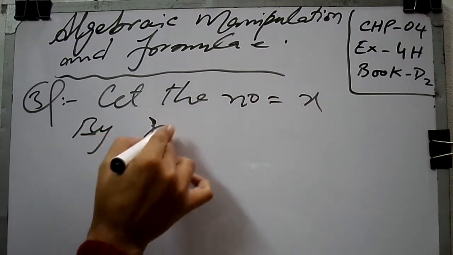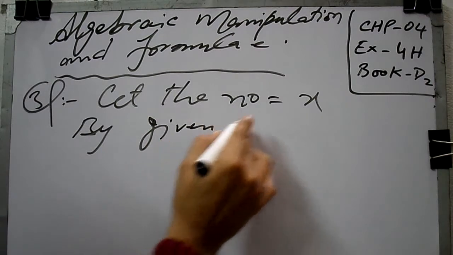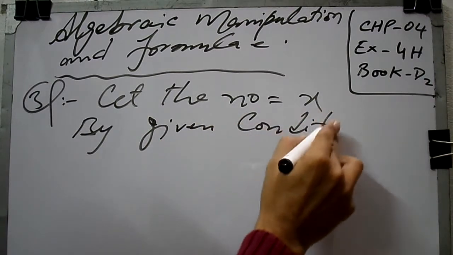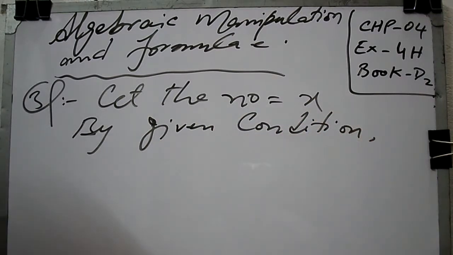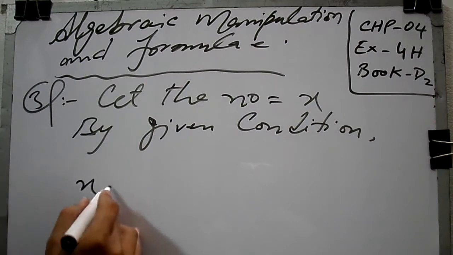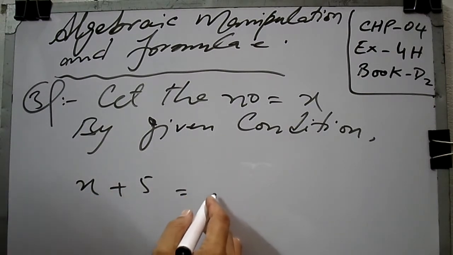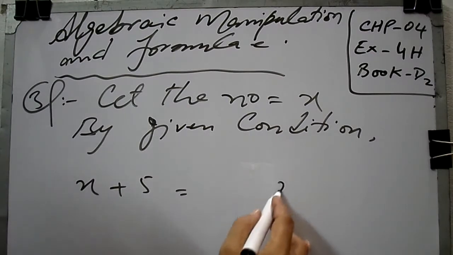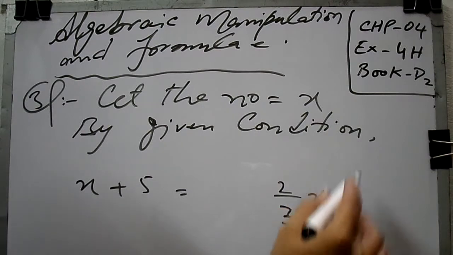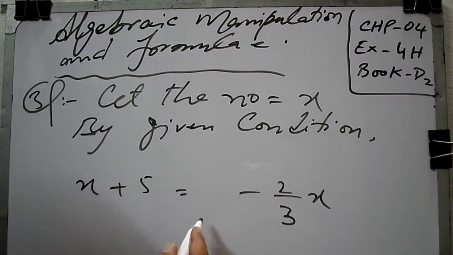By the given condition, read the statement carefully: 5 is added to a number is equal to when 2 by 3 of it, that is the original number, is subtracted from 6. So that is your given condition.